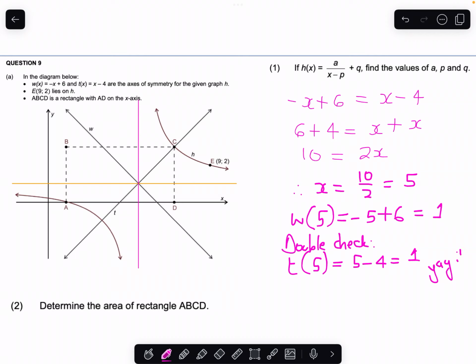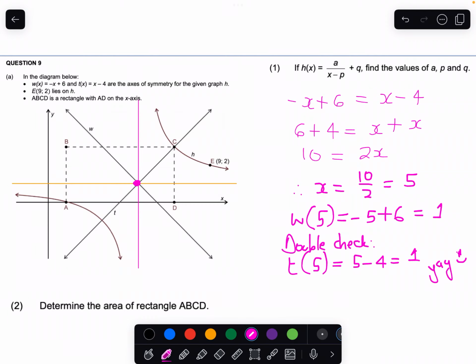So we have successfully found the point of intersection. Let's bring back the skinny pen. This point is (5, 1).